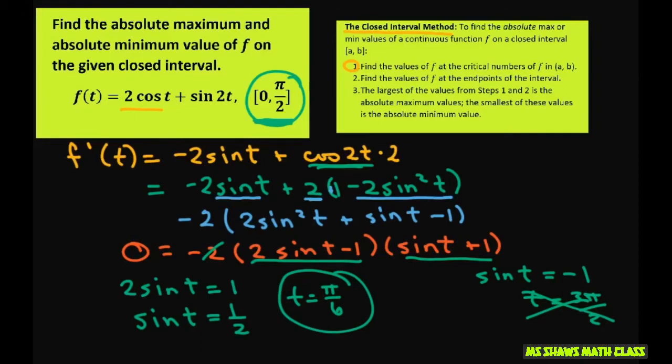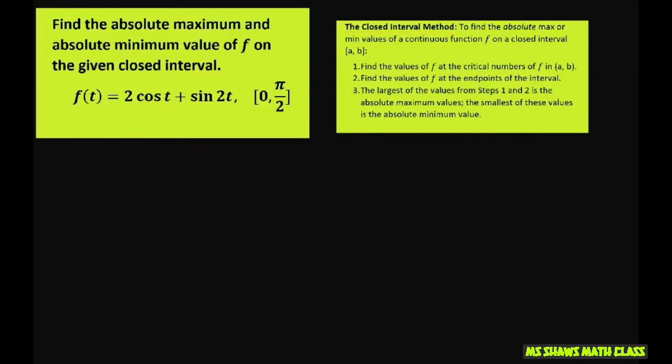So the next thing we need to do is step 2. Step 2 is to find the endpoints of the interval, and we're also going to have to remember t is pi over 6. Let's go ahead and do that one first. So we're going to have to evaluate f of pi divided by 6. So that's going to equal 2 cosine of pi divided by 6 plus sine of 2 times pi over 6, so that's pi over 3.